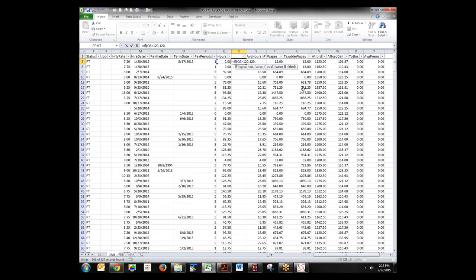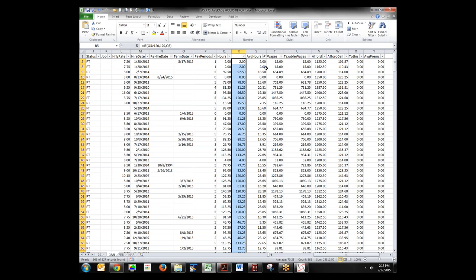Otherwise, give me the hours. So for example, if I drop this down by just double-clicking on the bottom right corner of the cell, it drops the formula all the way down. So for example, this employee here at 129, it limits it to 120.